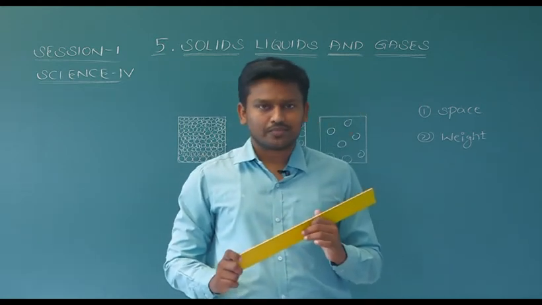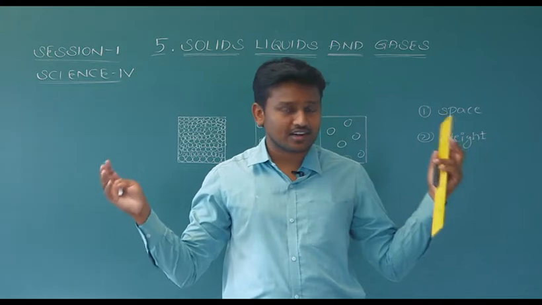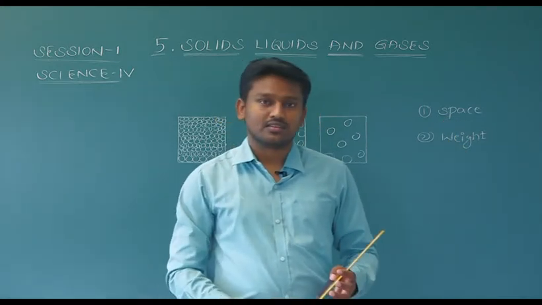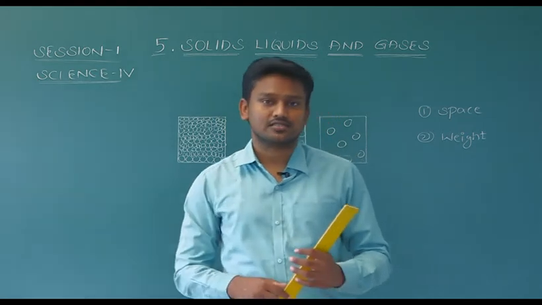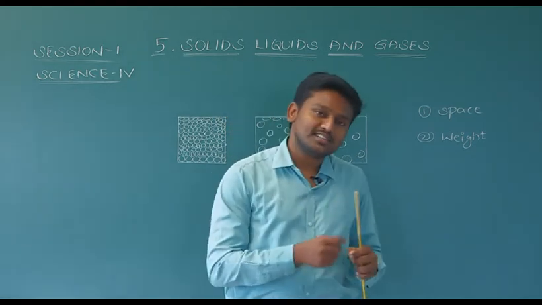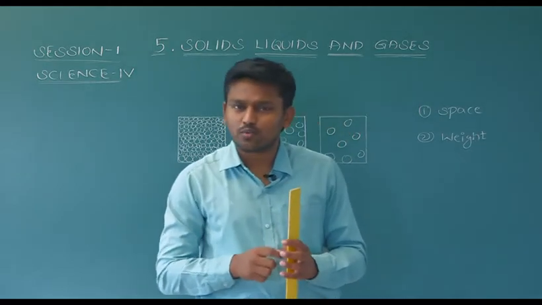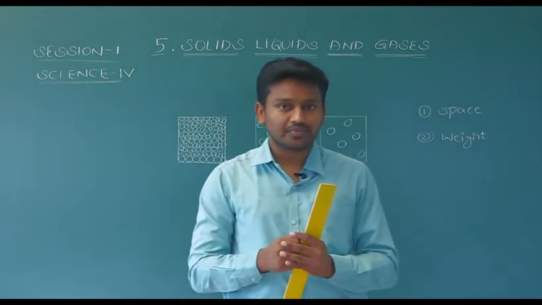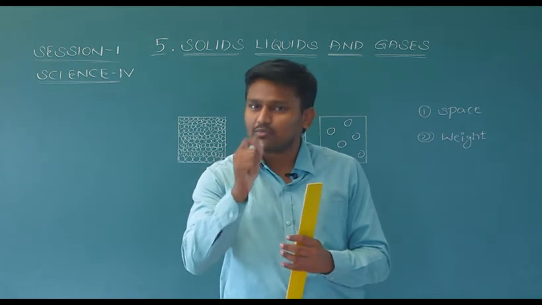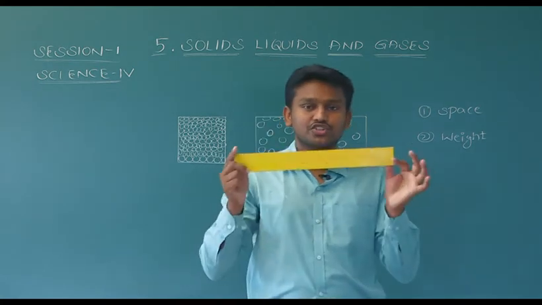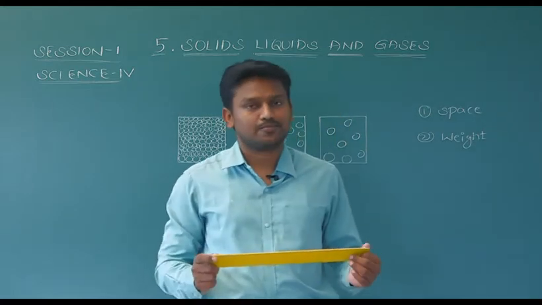Not only this, whatever objects or things are present in our surroundings, in every object matter is present. And what is this matter made up of? Though we cannot see what is present inside the matter, very tiny molecules are present that give rigid shape to the objects.